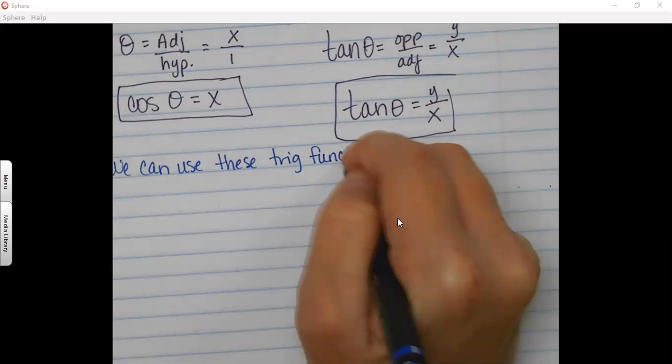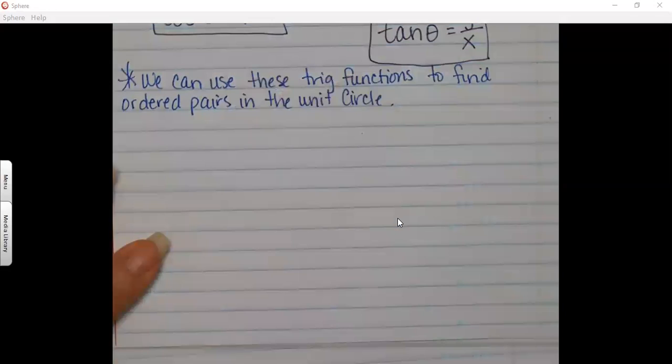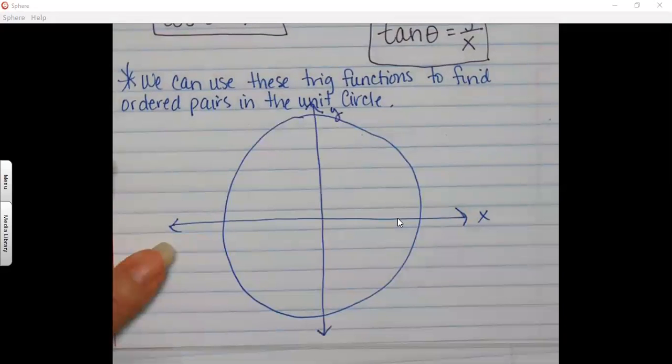draw one more unit circle. I'm going to draw an x-axis and a y-axis. And y'all know your quadrants, right?